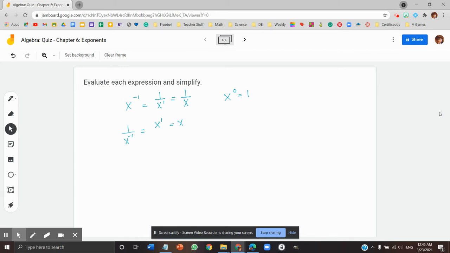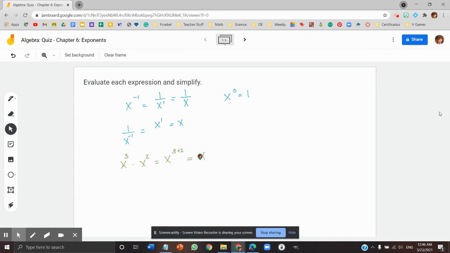Now, there are a few more rules about exponents that we normally use. For example, if we have exponents that have the same base and they're being multiplied like this, then we only have to add those exponents. That's going to be the same thing as 3 plus 2.